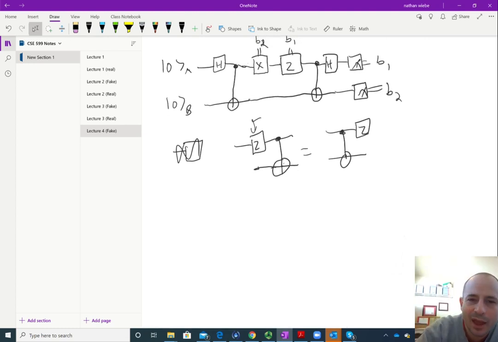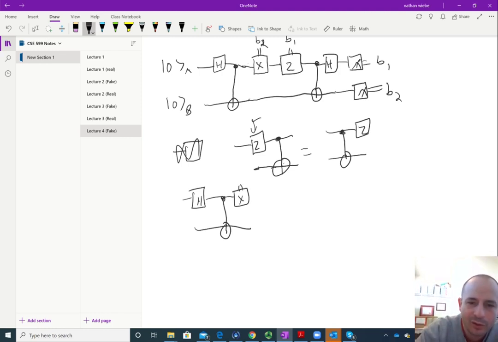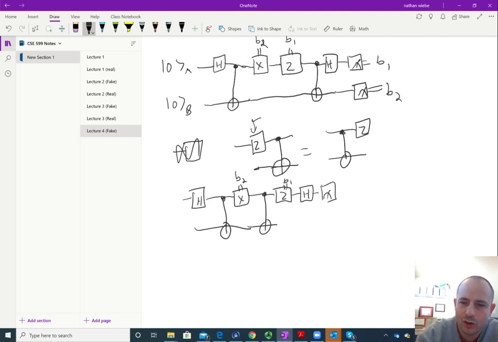Using that identity, our circuit can be written in the form X classically controlled by B2, CNOT going down here, Z classically controlled with B1, Hadamard up here, and then we measure. That is the equivalent circuit. All right, great.